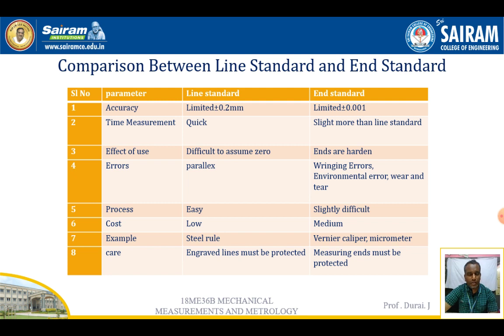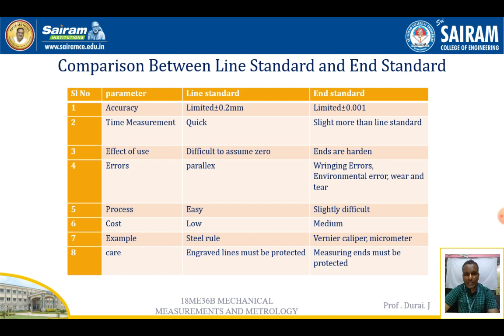And also due to atmospheric temperature, small changes take place in the components. And for ringing errors, if the two components are not rung properly, it may lead to error.